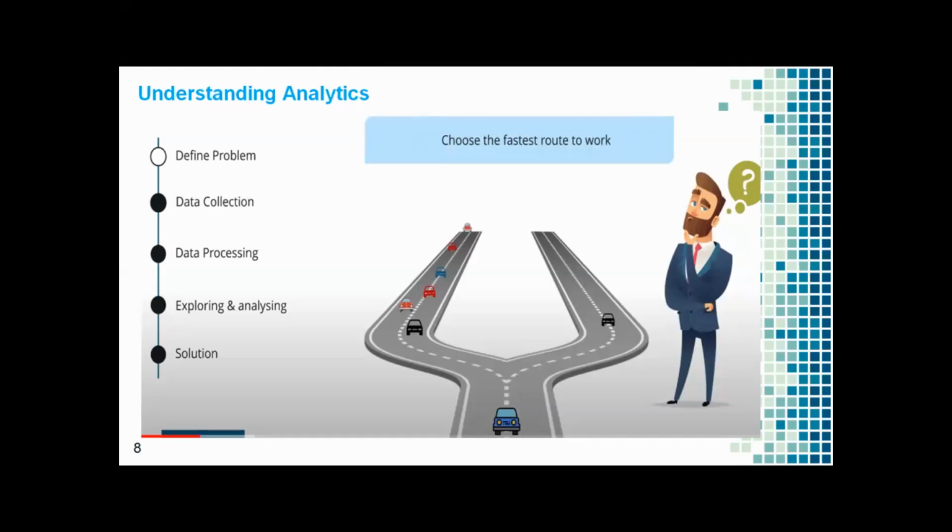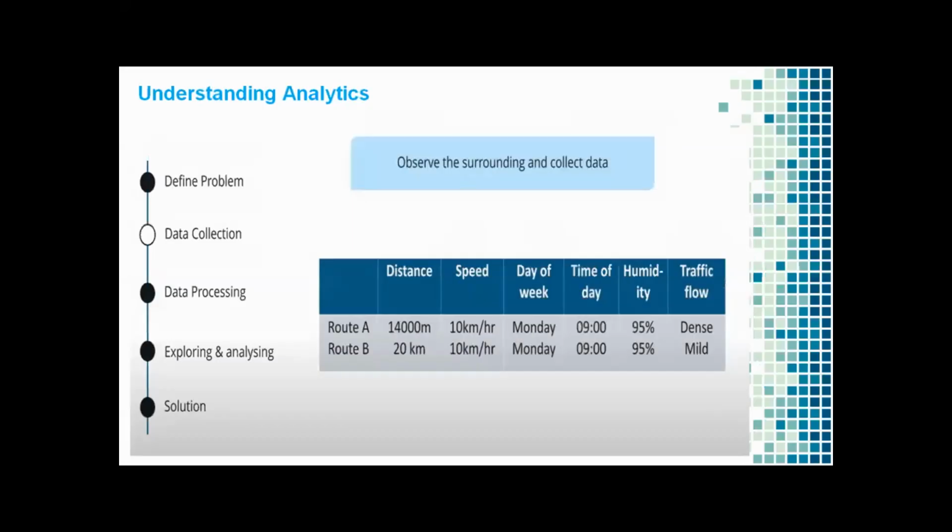Practically, if we are working on data, we will remove the color of the car because that is not going to make any change. After data has been collected, we will do cleaning. We will clean our data.